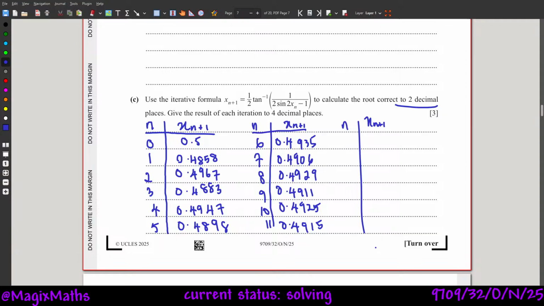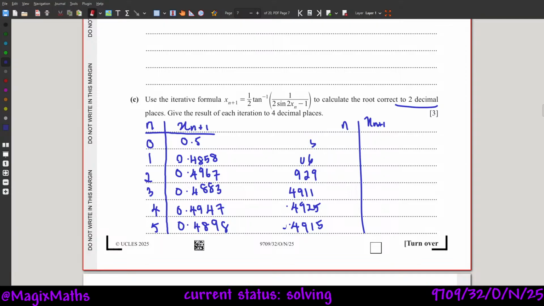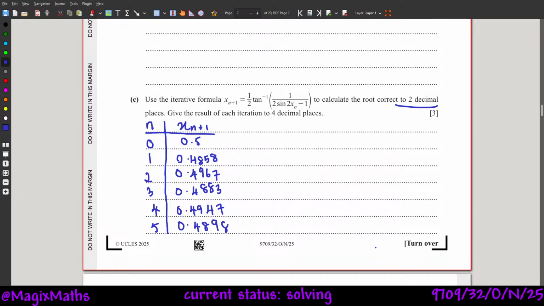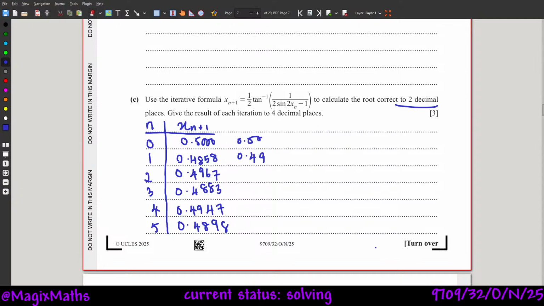This is 0.50, this is 0.49, 0.49. So the rest wasn't needed. Hence, the root x equals 0.49.